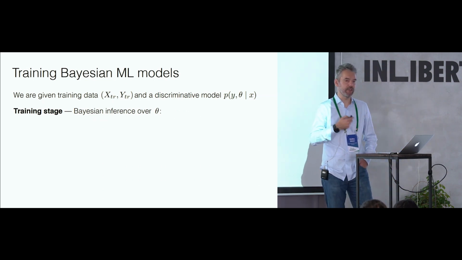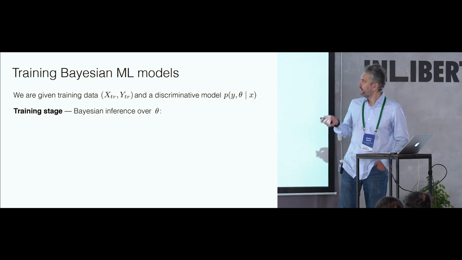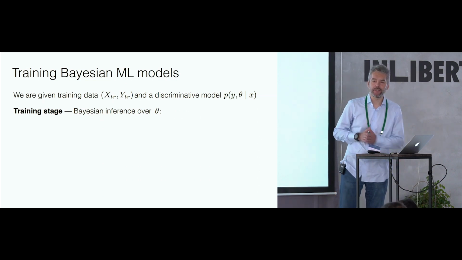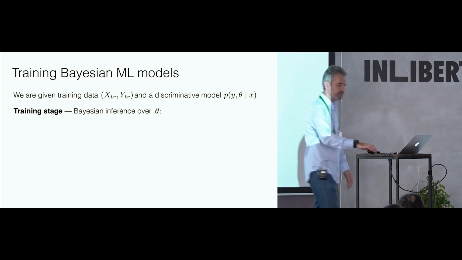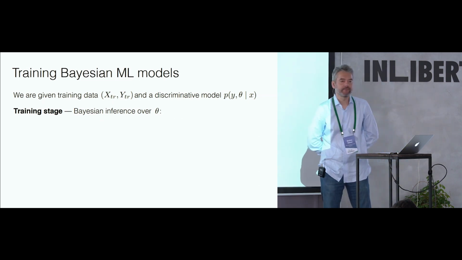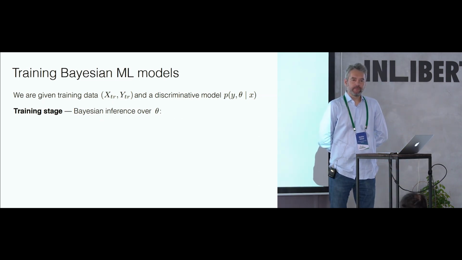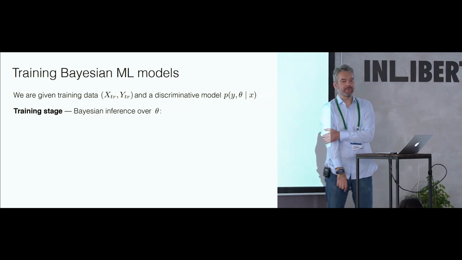We're only interested in predicting y's according to x. So the question to you guys, how do you think, what should we do at the training stage? If we have access to this probabilistic model, and if we have access to our training data. So what do we traditionally do at the training stage?